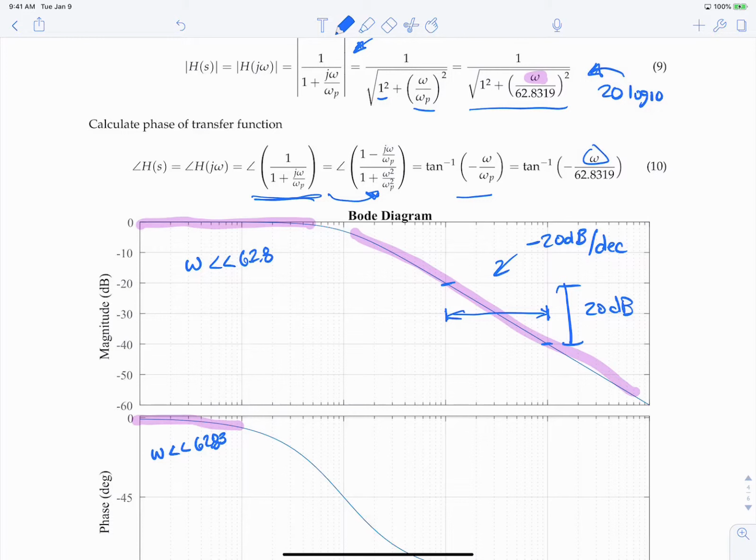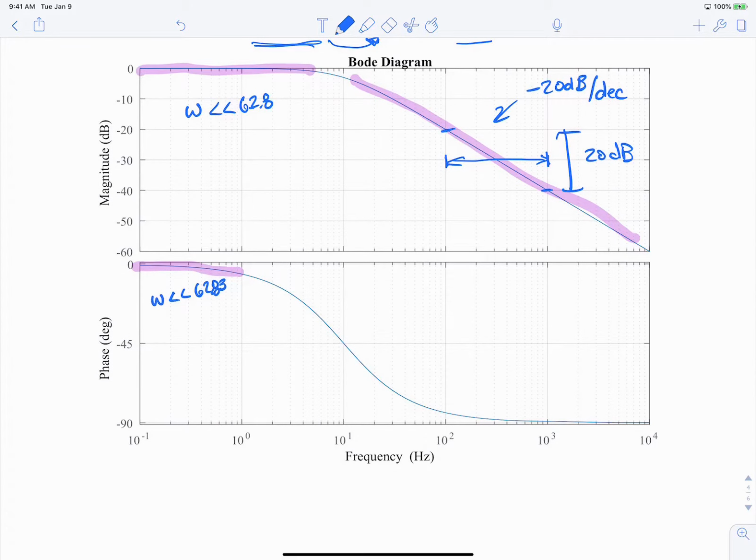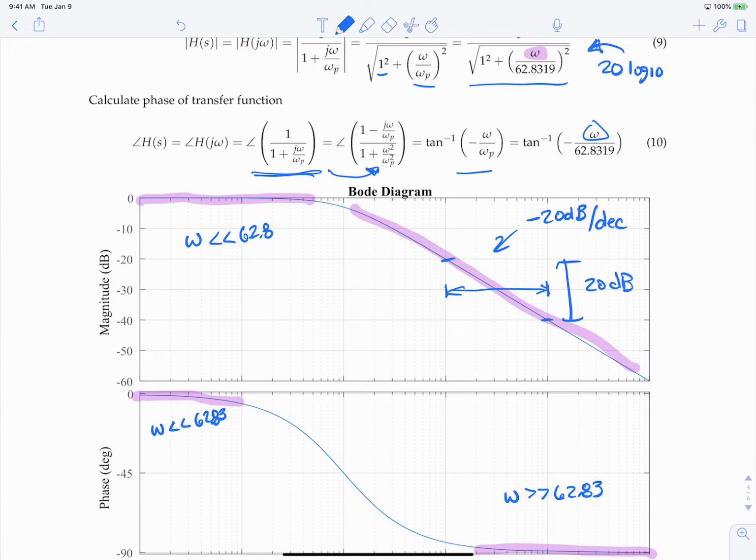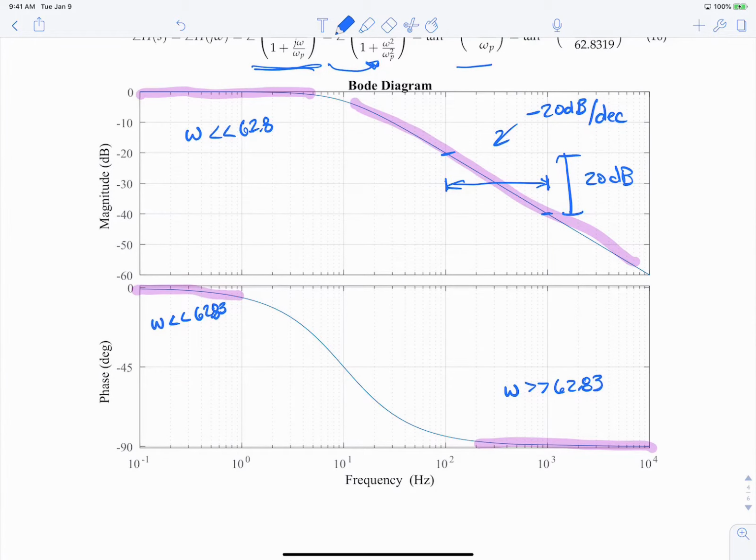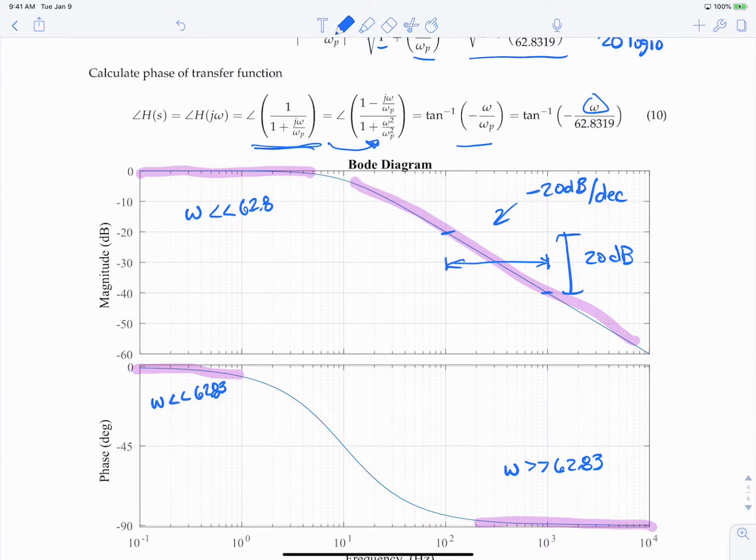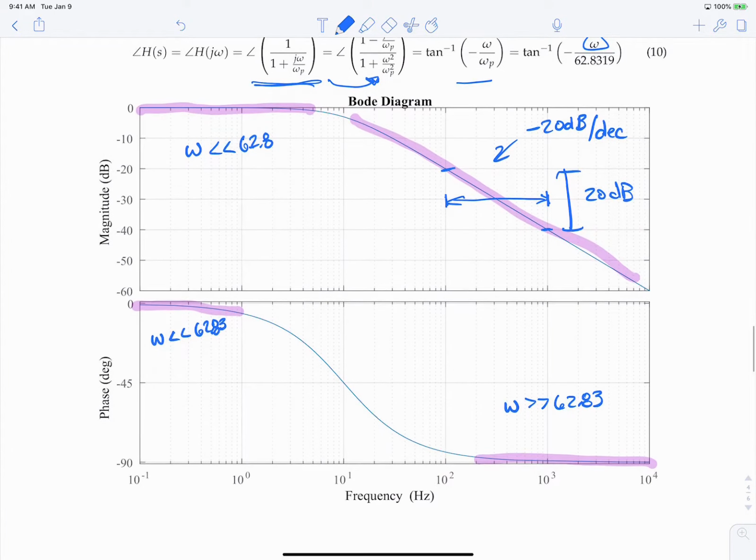Now, when you go to really high omegas, much greater than 62.83, you're essentially taking the tan inverse of minus infinity, which gives you minus 90 degrees.